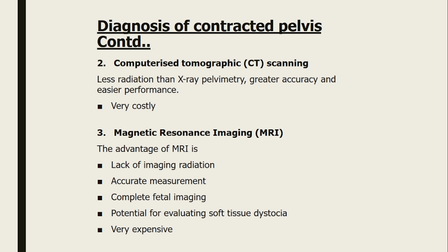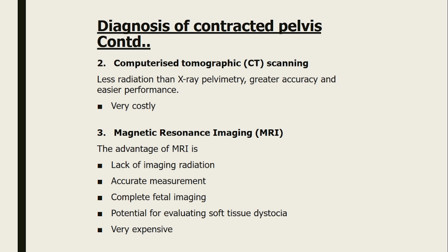And you can do a complete fetal imaging. This magnetic resonance imaging, MRI, can do a complete fetal imaging in such a way that you can diagnose fetal congenital anomalies, for instance, a cyst in the neck or problems with the spinal cord.